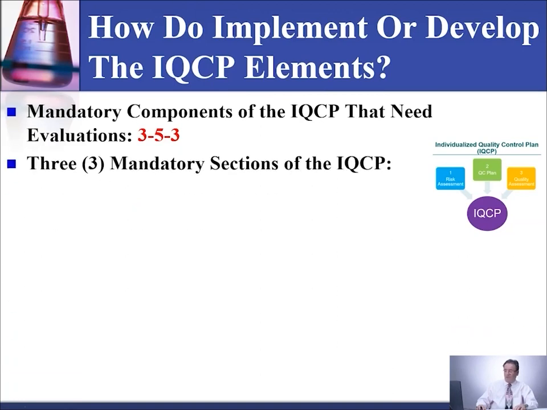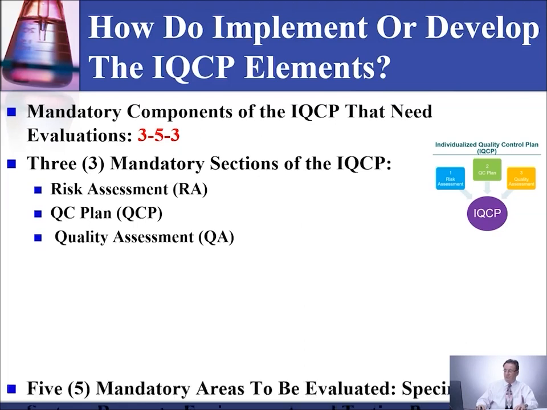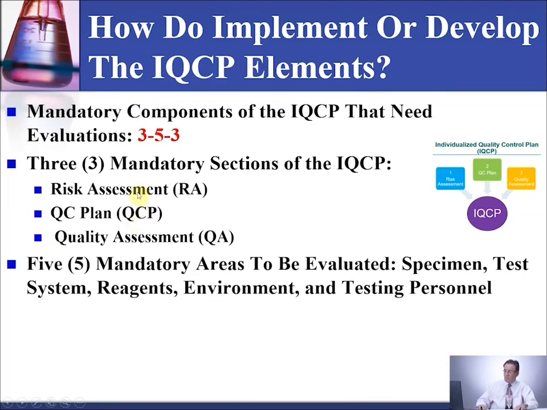The first 3 are the 3 mandatory sections or elements of the IQCP plan, which are the risk assessment, quality control plan, and quality assessment. Each one of these 3 elements of the IQCP needs to be evaluated using the 5 mandatory areas, which are specimen, test system, reagent, environment, and testing processes.